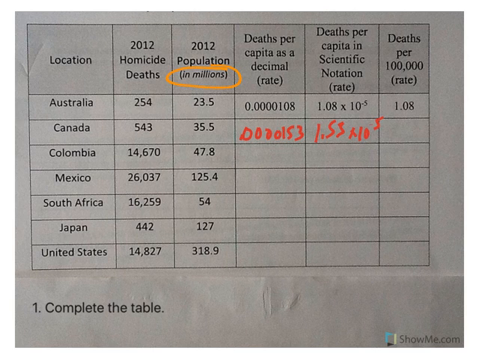Now, I don't know about you, but it's hard to really understand that 0.0000153 deaths happen per person in terms of homicide. It's hard to comprehend that. So when we look at the last column, the deaths per 100,000, what that means is, instead of looking at deaths per capita, which is per 1 person, we'll talk about per 100,000.